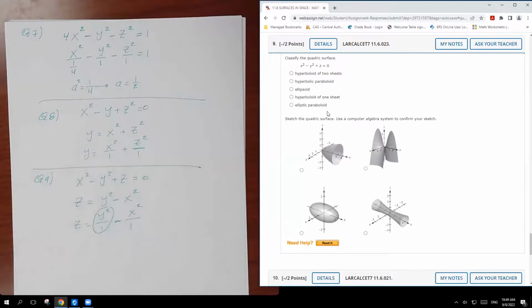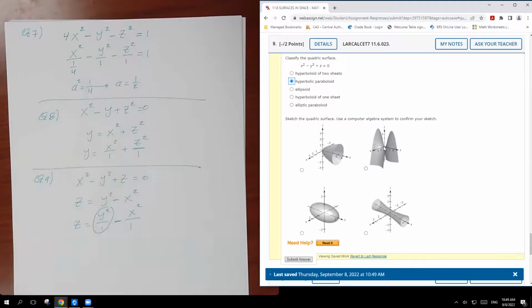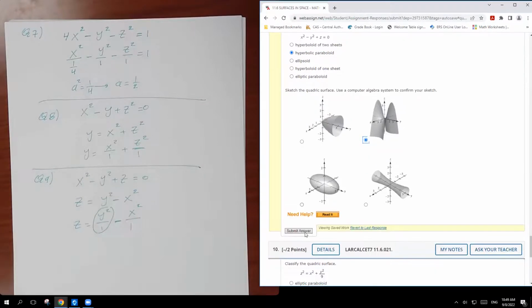So on this one, first of all, it's a hyperbolic paraboloid. Here's the shape of it, and it's going to be on the y coordinate. You see, the y coordinate is going to go through this shape. So this one is the right one.